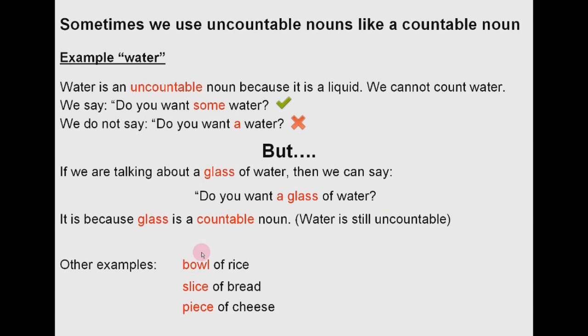But if we add a word which describes the volume or a measure or a container or a quantity, then the sentence becomes a countable sentence. Okay, so that is important.